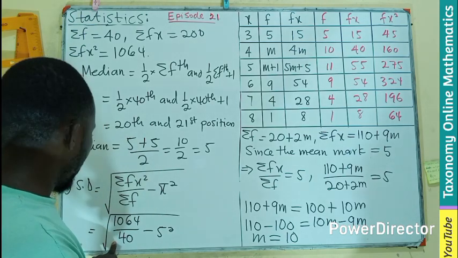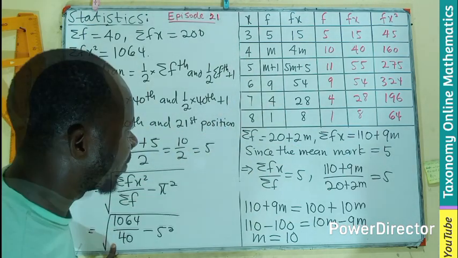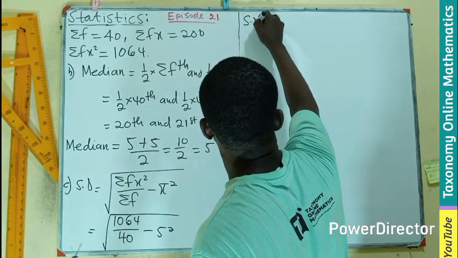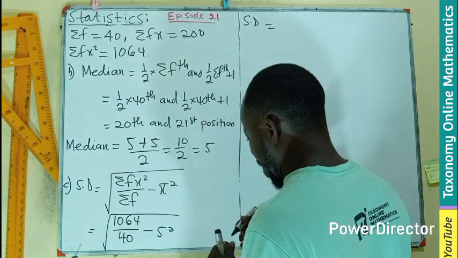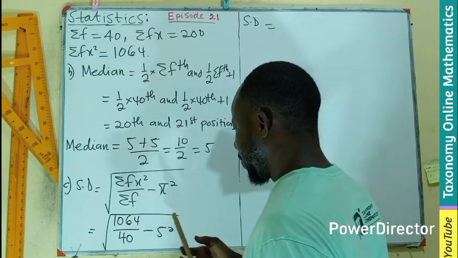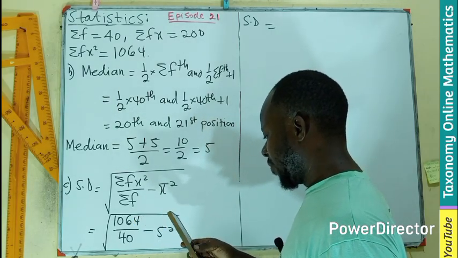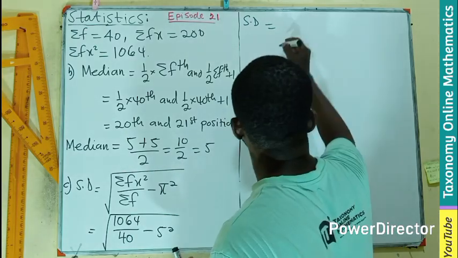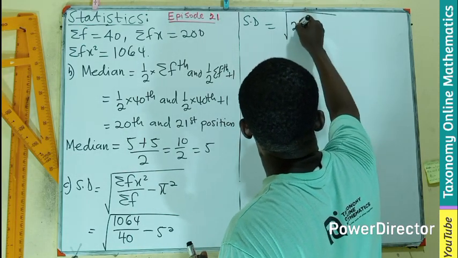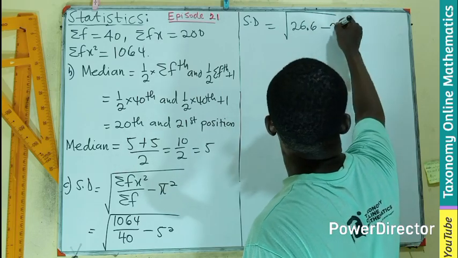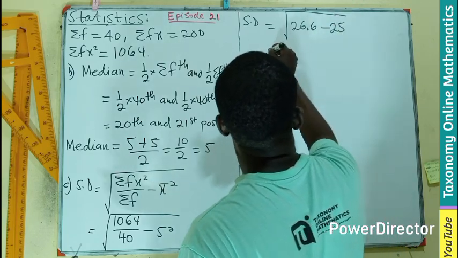So let's see what it will be if we clean this part. By continuation, your standard deviation will now be equal to the root of 1064 divided by 40 on our calculator, which is 26.6, minus 5 squared, which is 25.